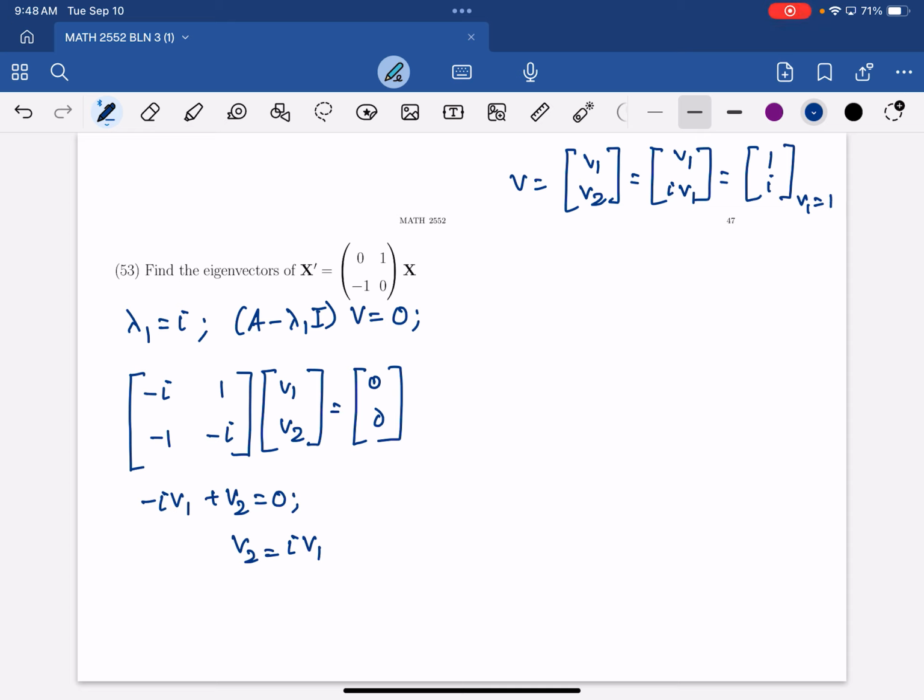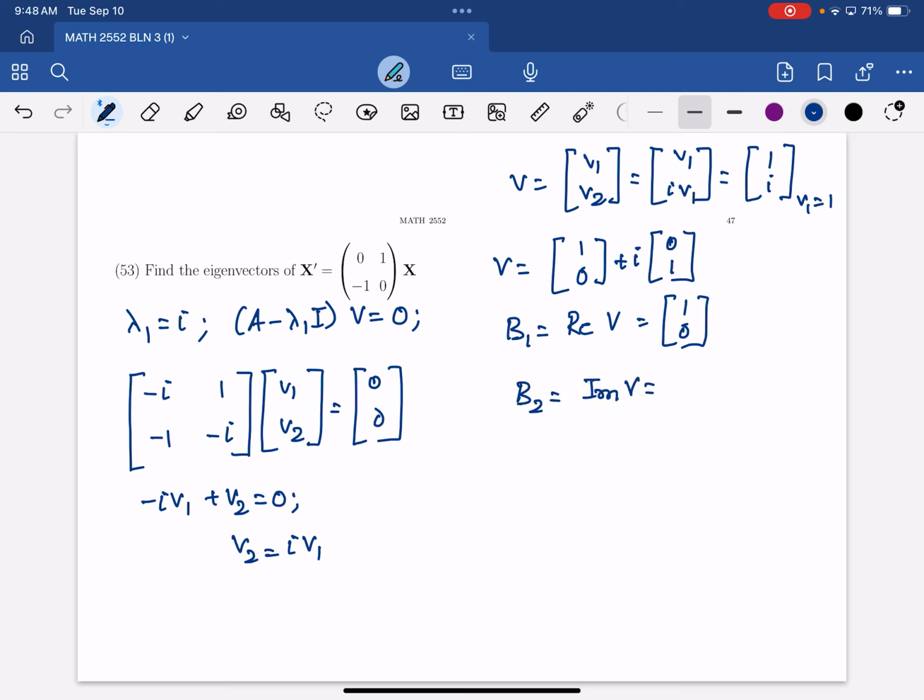Yes? So now I want to write my eigenvector as (1, 0) plus i times (0, 1). So B1 is the real part of v, which is going to be (1, 0). And B2 is the imaginary part of v, so that is going to be (0, 1).